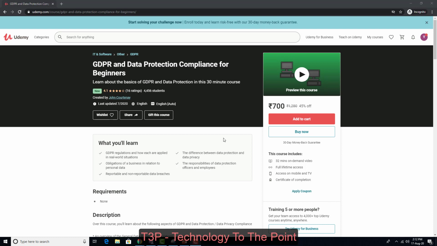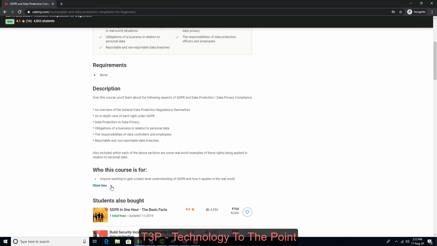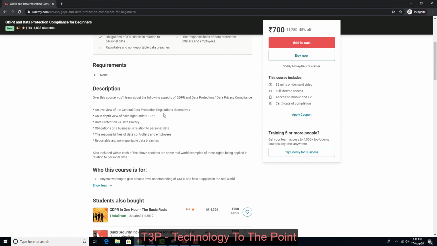Before that, my motto is to understand what we will get in this course. You will get all the GDPR related regulations, how they are applied in the real world, and the difference between data protection and data privacy. If you go to the description, you can see it gives a good idea about GDPR compliance.